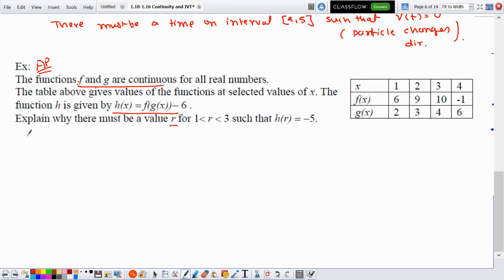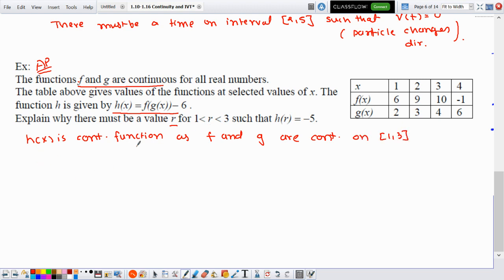So first of all, you have to write down h of x is a continuous function as f and g are continuous. You have to explain that. And h is built using f and g. So you have to say h is continuous because f and g are continuous on the interval 1 and 3.